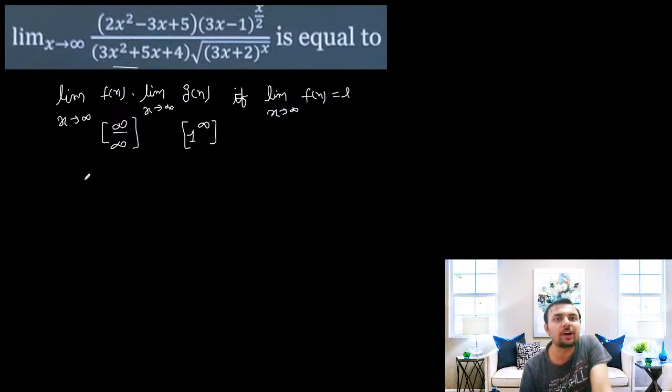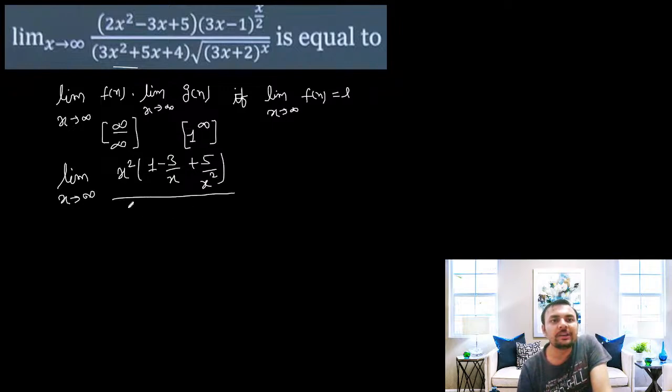So we'll solve it individually, or we will solve it like this. Limit x tending to infinity, we will take x square common. It is nothing but x square (1 minus 3 by x plus 5 by x square) upon, we will take x square common, (3 plus 5 by x plus 4 by x square).